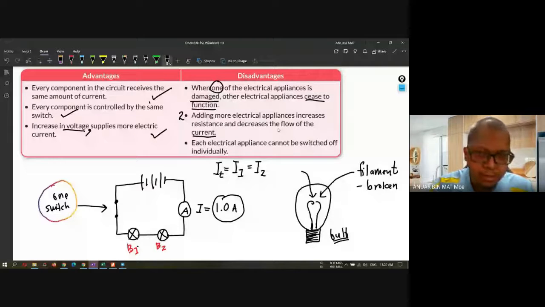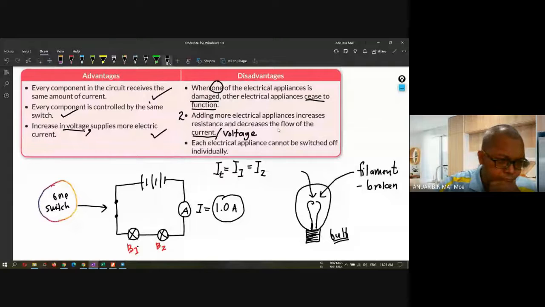Is it decrease the flow of current or decrease the flow of voltage? Which one do you think is the correct one? Current or voltage here? My class? Any answer?